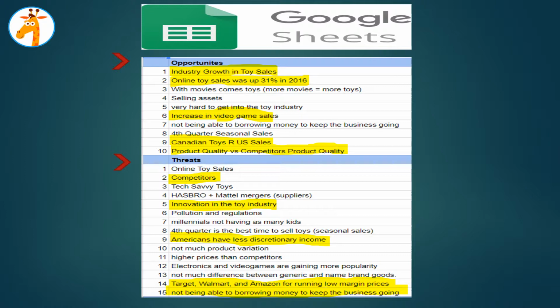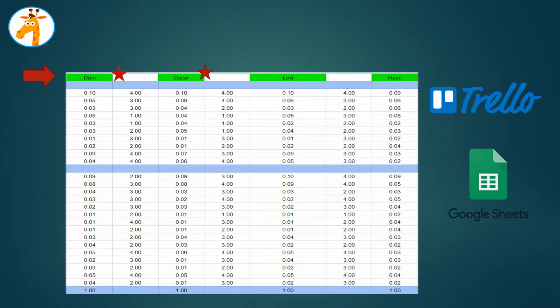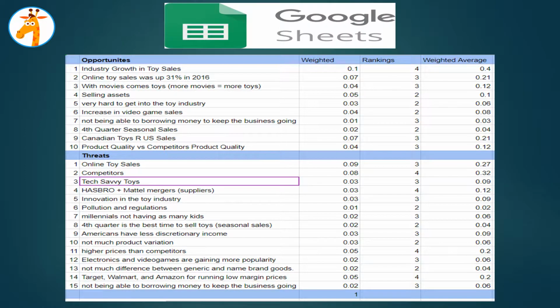The most challenging task, where we had a lot of conversation, was to determine the weights and rankings. Not only did we have discussion on Trello to determine the weights and rankings, each person filled out what they thought the weights should be on a Google Spreadsheet. To each opportunity and threat, we had to assign weights to all of them, which would total up to 1.